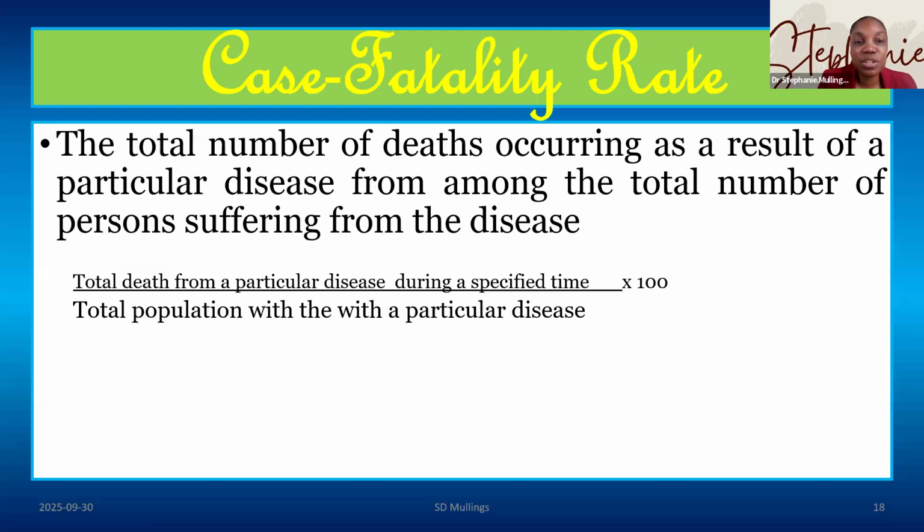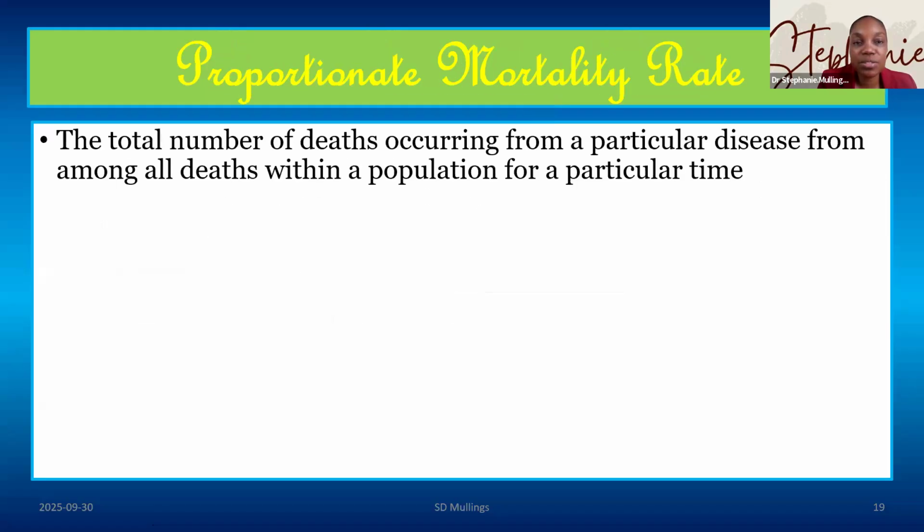So the formula states total number of deaths from a particular disease during a specific time per the total number of persons with that particular disease. So if we want to know about breast cancer, case fatality rate for breast cancer, total number of persons who died from breast cancer, per the total number of persons at this time living with the particular breast cancer. And this is represented as a percentage.